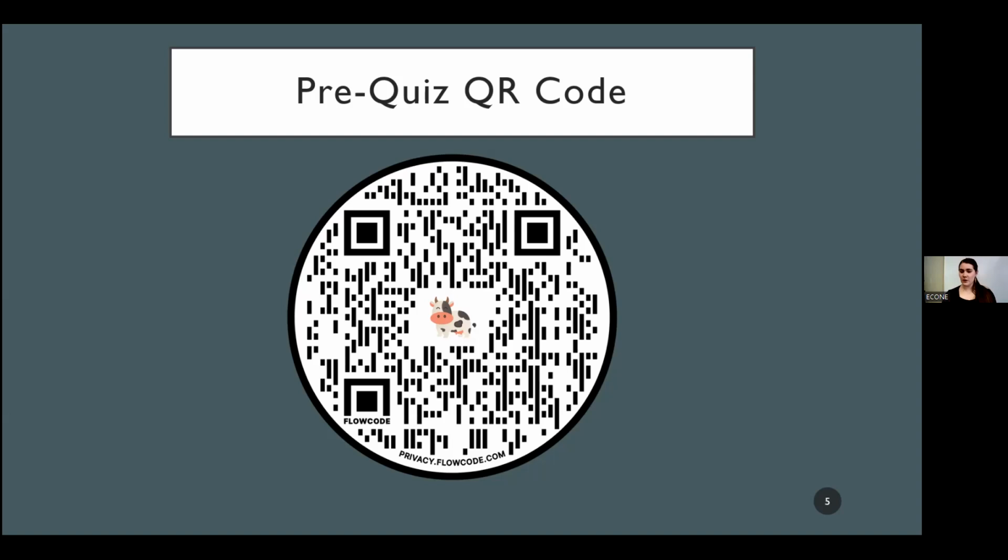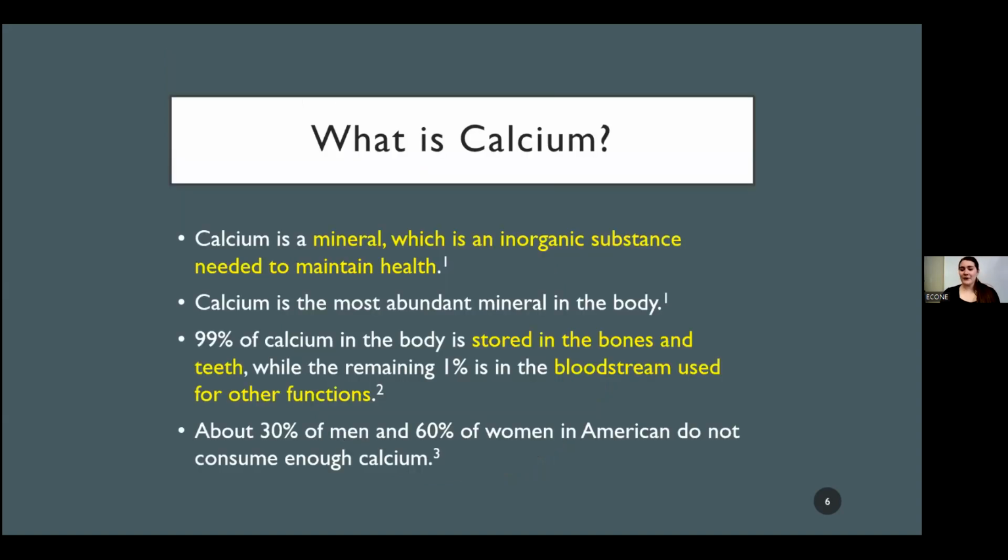There's just a few questions, but I'm going to go ahead and start talking about some of the content here, talking about what calcium is and what it does. All right, so the first slide we have here, what is calcium? Calcium is a mineral, which is an inorganic substance needed to maintain health. So we talk a lot about vitamins and minerals in nutrition, and this is just one aspect of health.